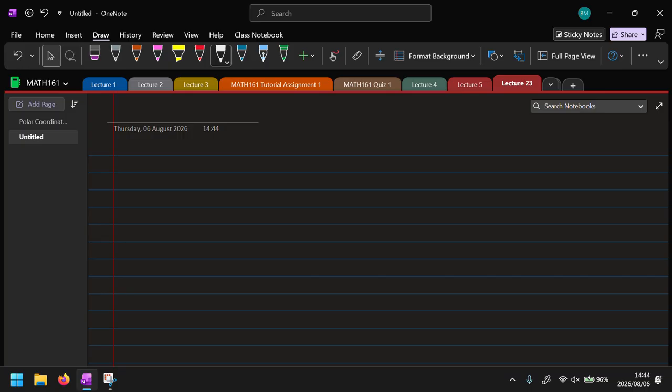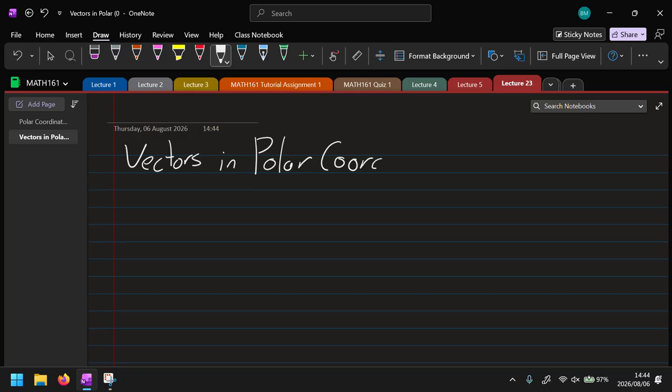Next bit, vectors in polar coordinates. You're familiar with the usual Cartesian vectors. You've covered that a lot in physics.